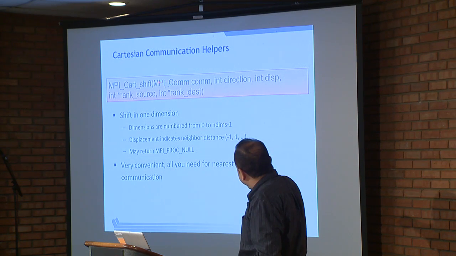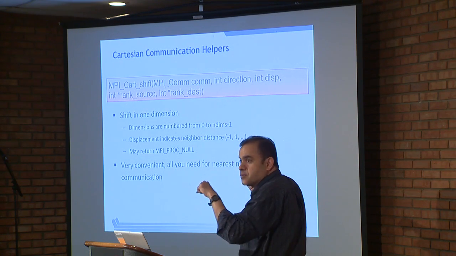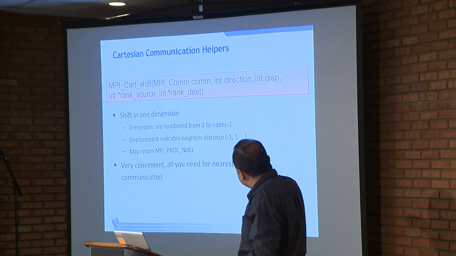So you pass the communicator that has a Cartesian topology attached to it. The direction is just whether it's dimension number 0, 1, or 2, whichever direction you want to go. So for a 3D grid, it's 0, 1, 2. The displacement tells you whether it's the nearest neighbor or at a distance of 2 or 3. So there is that flexibility also. You can find pretty much anyone in the grid that way.